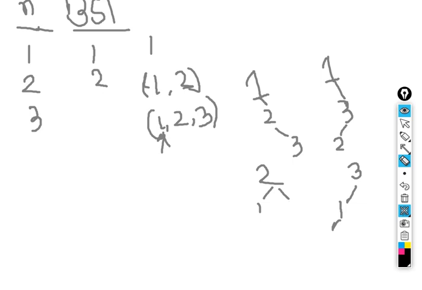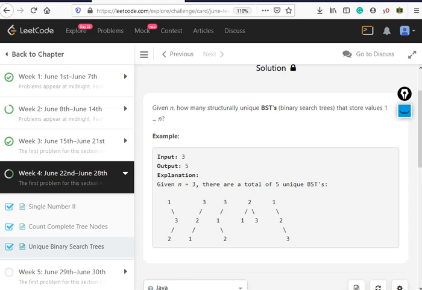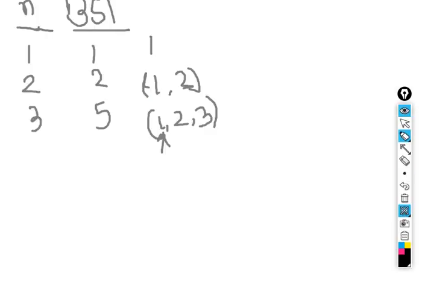So I'll erase all because I need to draw for n equal to 4. To keep a check, for n equal to 3 we have 5 BSTs. So let's go back to the question and check whether the answer is correct or not. Yes, for n equal to 3, we have 5 BSTs possible. So now going ahead, for n equal to 4, I have 1, 2, 3 and 4 over here.